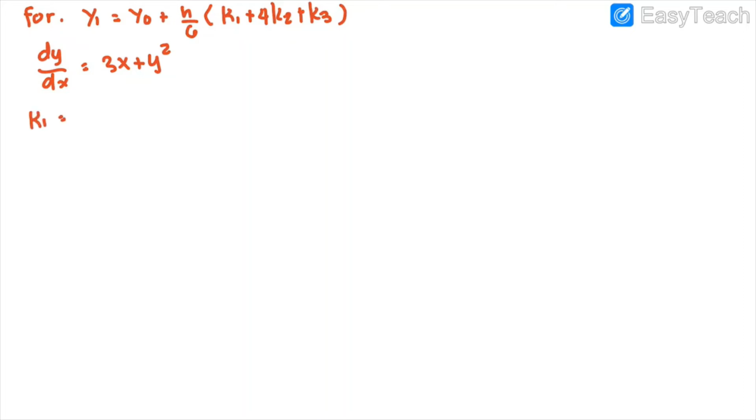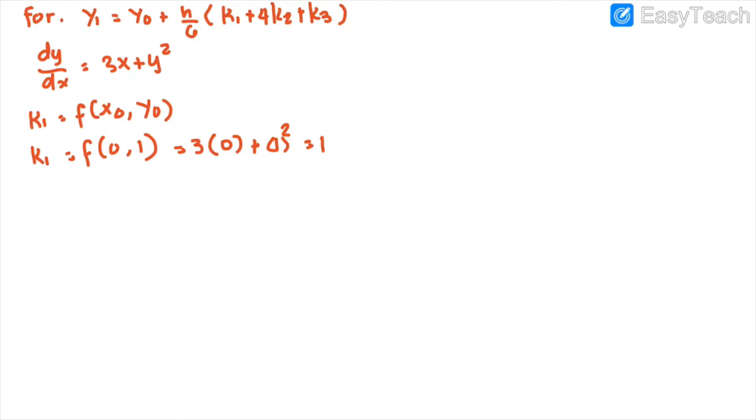Remember that k1 is equal to f of x0 and y0 for the third order Runge-Kutta method. Substituting that, x0 is simply equal to 0 and y0 is 1. Substitute that to our equation, 3 times 0 plus y squared gives us the value of k1 equal to 1.